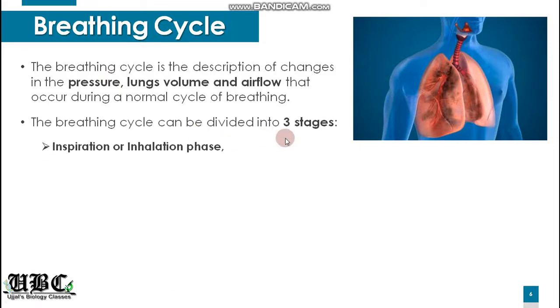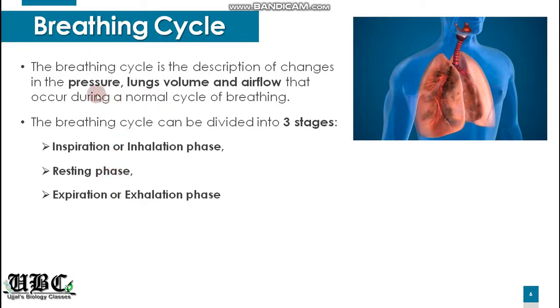It can be divided into three stages. The first one is the inspiration or inhalation phase, which is followed by a small duration of resting phase, and then we again have the expiration or exhalation phase. So these occur in a circular way, and hence it is known as the breathing cycle.